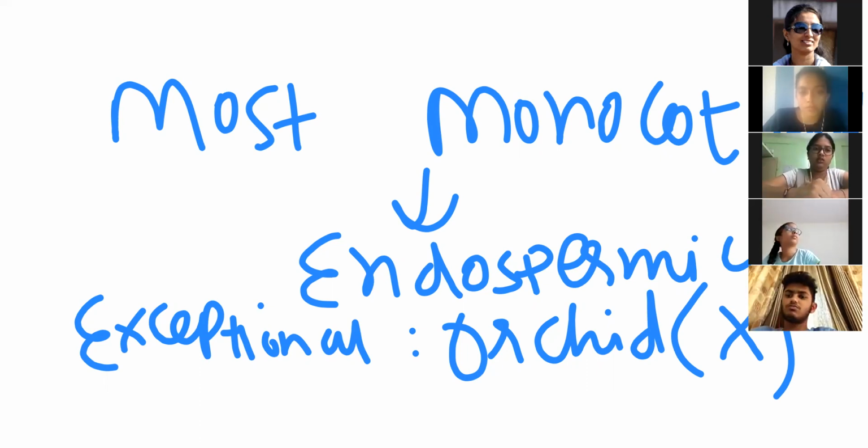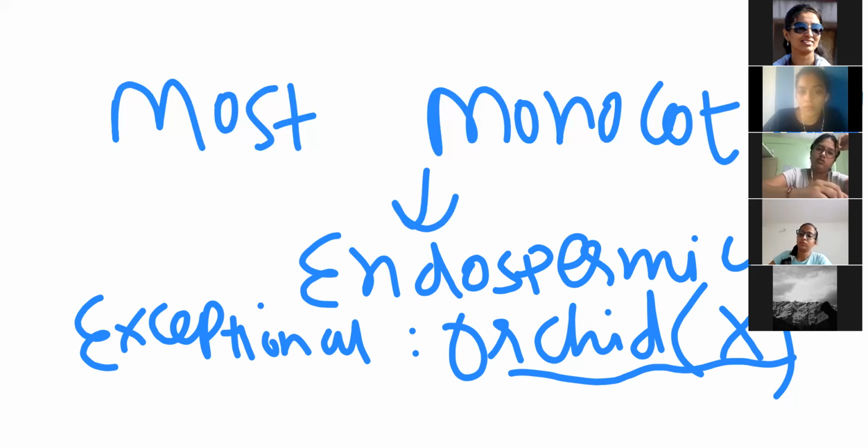Initially all have it, since monocots and dicots are both angiosperms, so endosperm is present initially. But at maturity, when radicle and plumule development begins, in orchids there is no endosperm, so we call it a non-endospermic monocot seed.